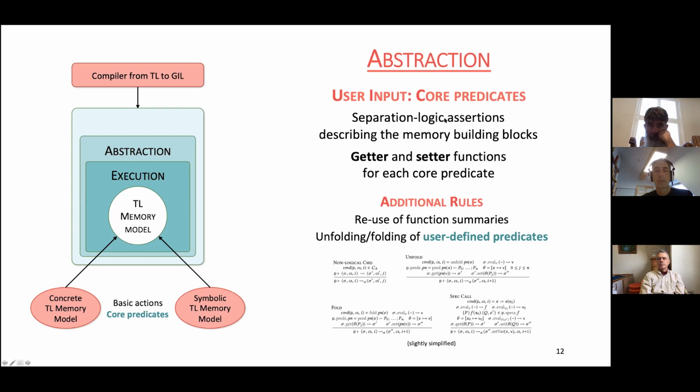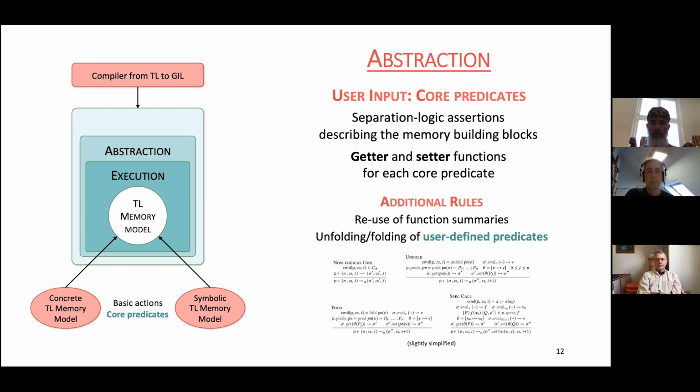For abstraction, we work with core predicates. A core predicate is just a predicate for saying, I'm after this heap cell here, so this location and field with this value. That's what a core predicate often is. It can get more complicated, but this in spirit is what it is. And for each core predicate there is a getter and setter function.